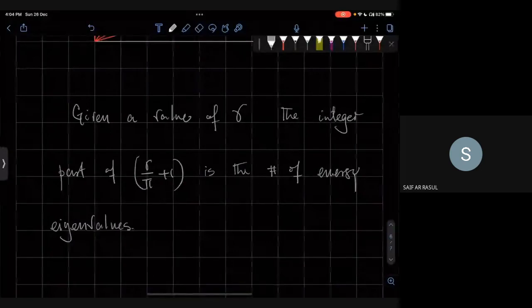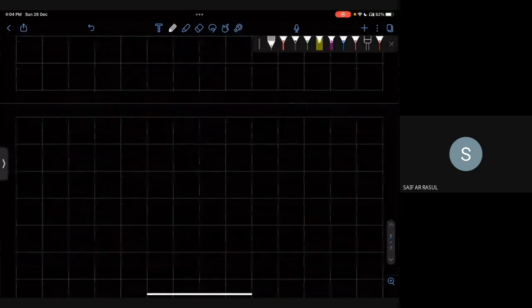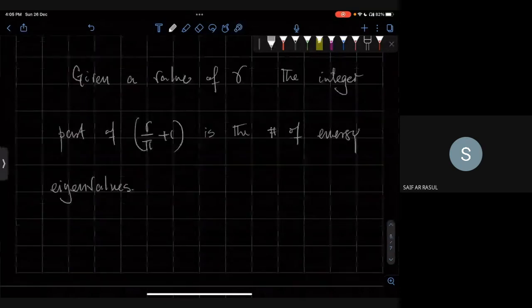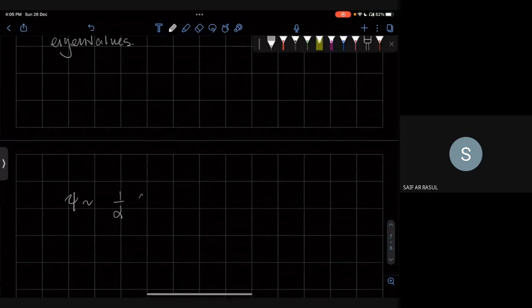All right. Another thing you can verify is the following. If you look at the wave function in region 2, the wave function is 1 over alpha sine of k(x minus a over 2).